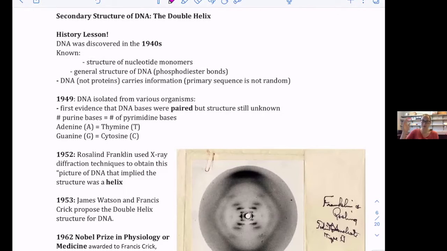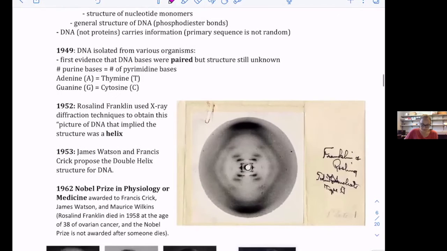A is going to bond with T, and C and G are going to bond with each other. So they found when they were looking at different DNA samples that there was always an even number of purine bases versus pyrimidine bases.